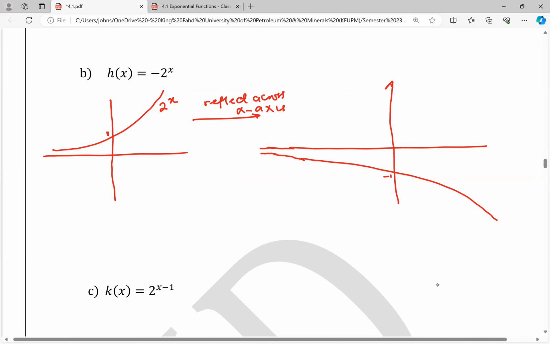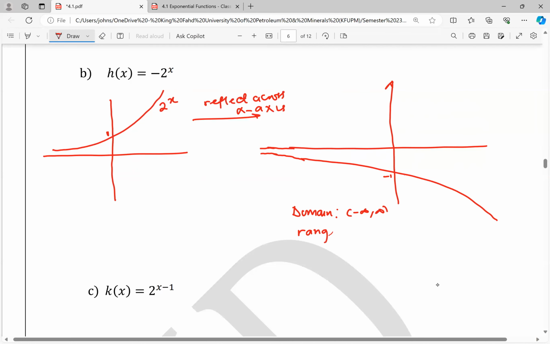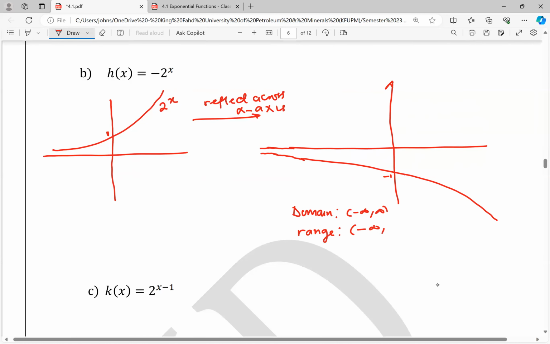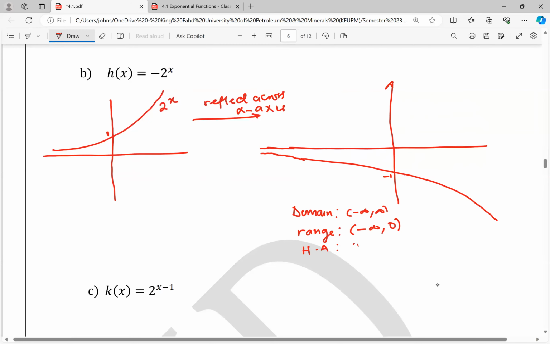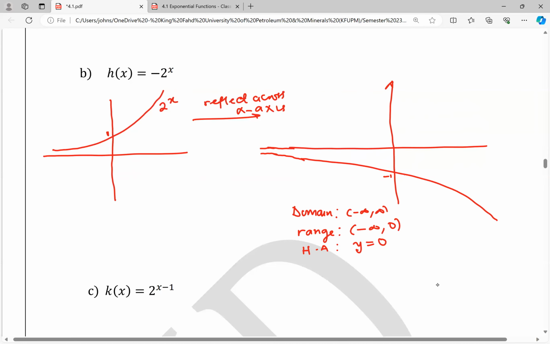So here, what will be the domain of this function? The domain is still the whole of R. Now, the range is going to be from where? From minus infinity to 0 open, because now you are below the x-axis. Now, you still have the horizontal asymptote, which is y equals 0.